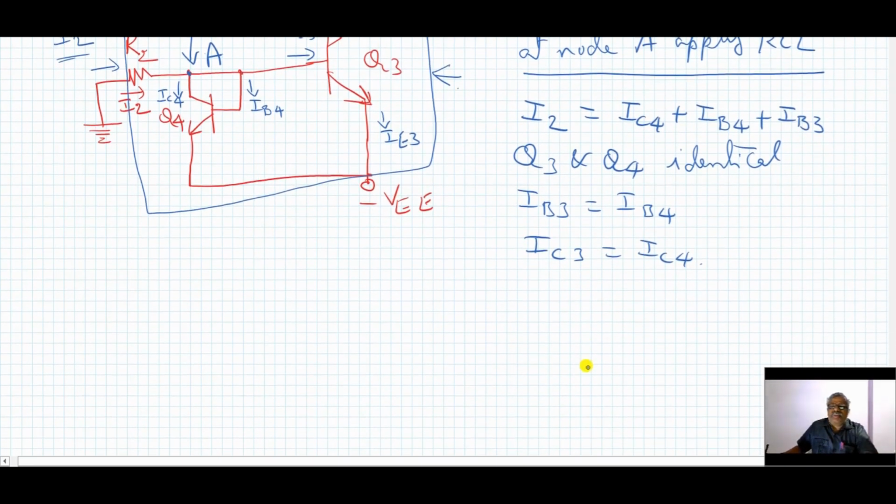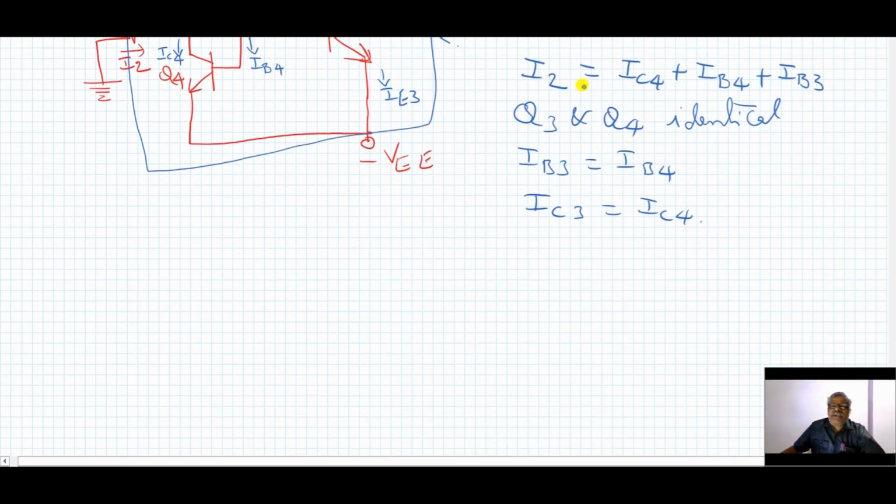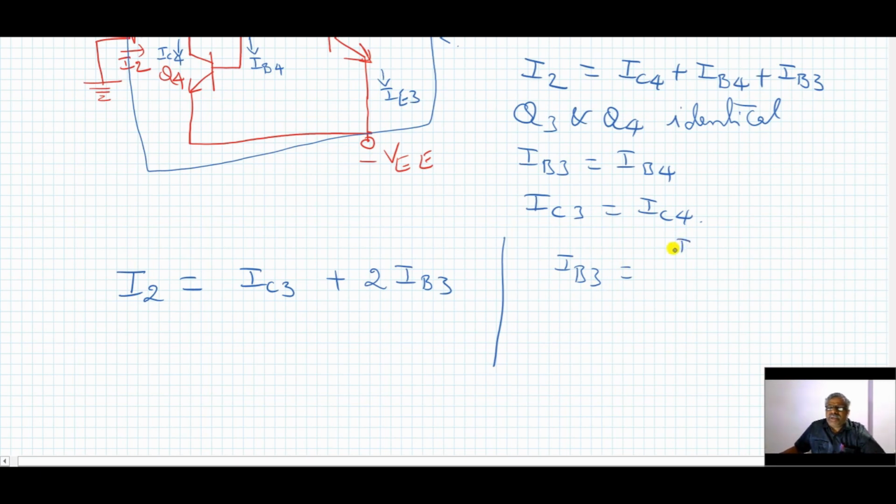Okay, so by using this, if we rewrite the above expression, our I2 will be equal to IC3 plus IB4 plus IB3, which is nothing but 2IB3. But what is IB3? We know the relation between IB and IC. IB3 is equal to IC3 by beta DC, because in linear region the relation between base current and collector current is given by IC is equal to beta IB.